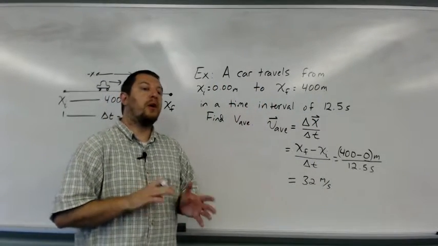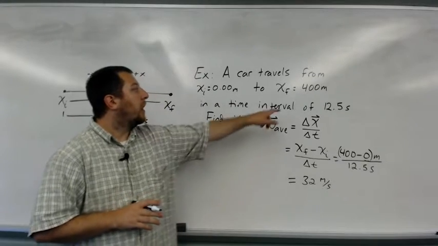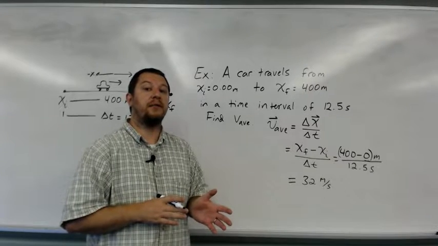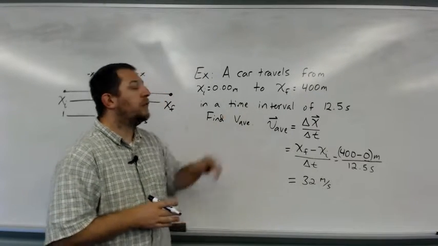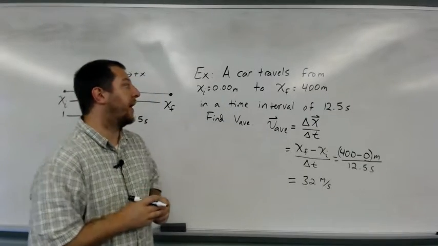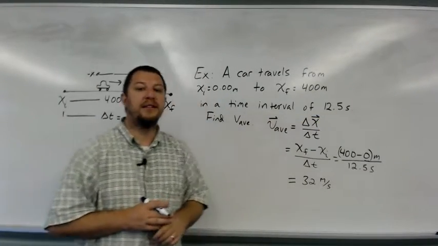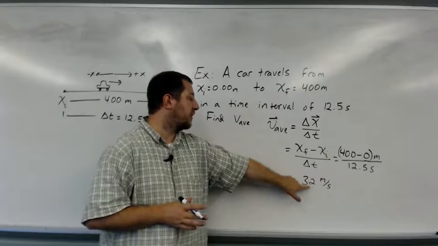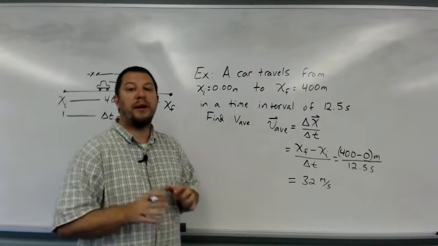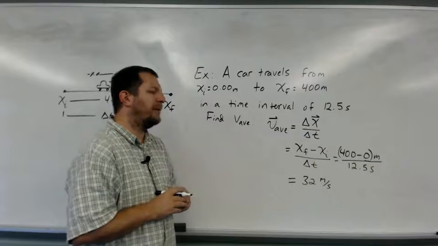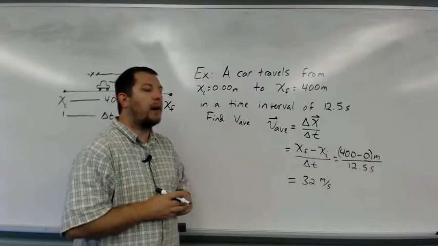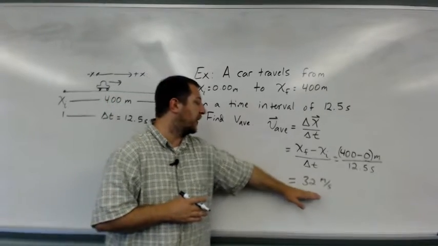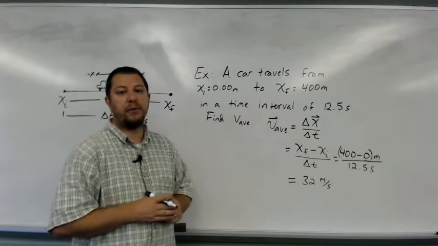Now, if you recall from the previous video, 400 meters is 1/4 of 1,600 meters, which is very close to a mile. So this would be something like a quarter-mile drag race. And 12.5 seconds is not an extremely fast car, but it's pretty fast. And so this average speed is going to be somewhere around 67 or 68 miles per hour, maybe closer to 70 miles per hour. And of course, a good car is going to get well above that in a drag race. But the average speed for the whole race may have been 32 meters per second.